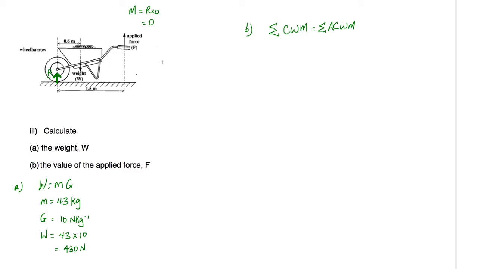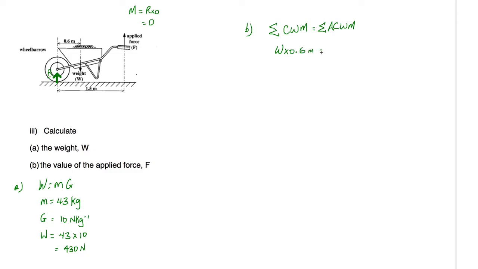Okay, so let's put those in an equation and let's see what we get. So the weight provides clockwise moments about the turning point. So that will be weight times the distance. So the distance would be the perpendicular distance between the line of action of the weight and the turning point. So that's this distance we're interested in here. So that's W times 0.6 meters.